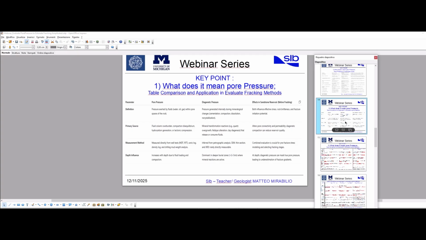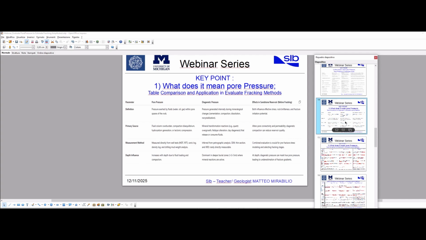At a given depth of a sandstone reservoir, you can have different diagenetic pressure that can be evaluated and registered according to the pore pressure, leading to underestimation of the fracture gradient.